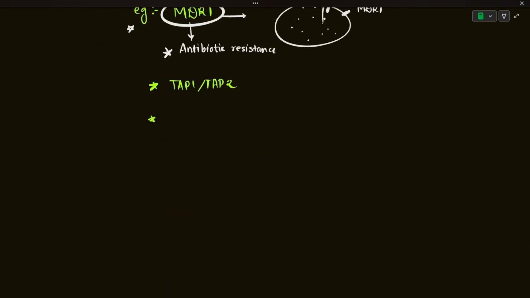Then the other example is a very unique protein known as CFTR, the cystic fibrosis transmembrane conductance regulator. The CFTR protein is very unique because it functions as an ATP-gated chloride channel.